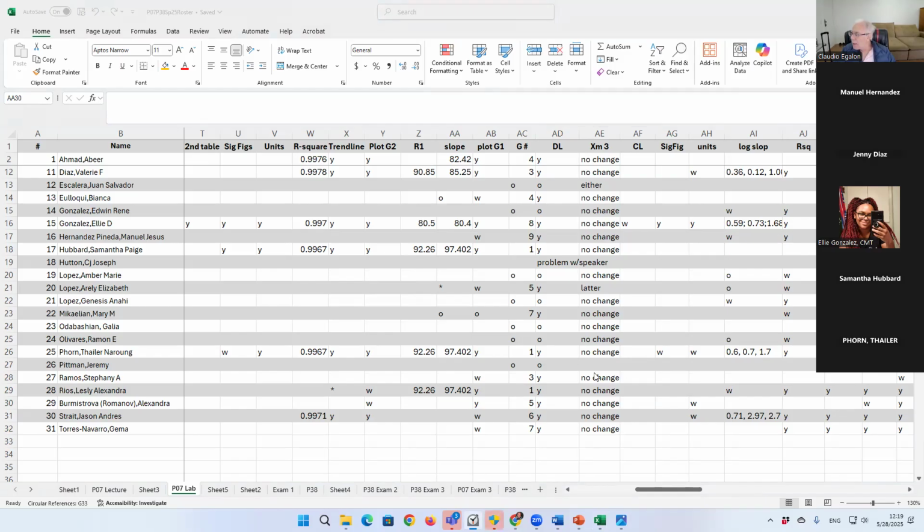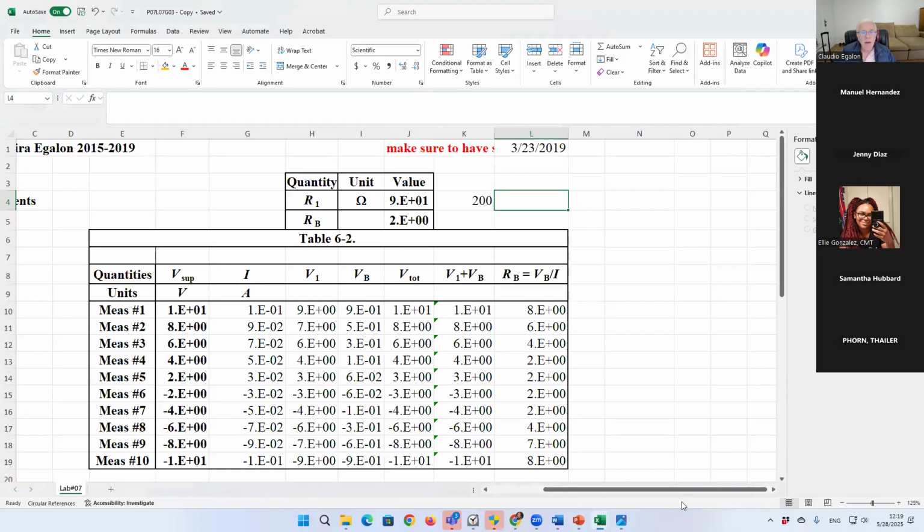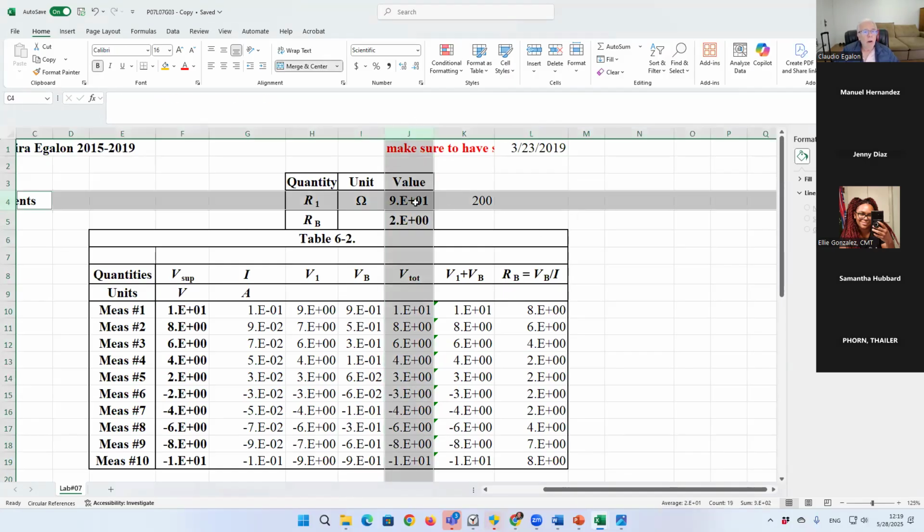Okay, so around 97.2. Okay, 97.2. What about the value of your resistor in that cell J4? Can you check that for me? J4, this one right in here.